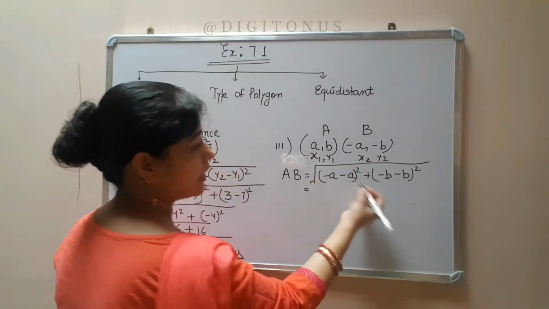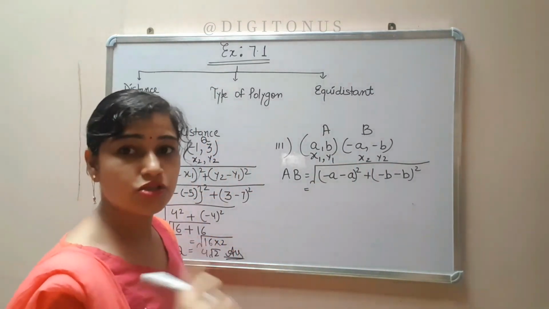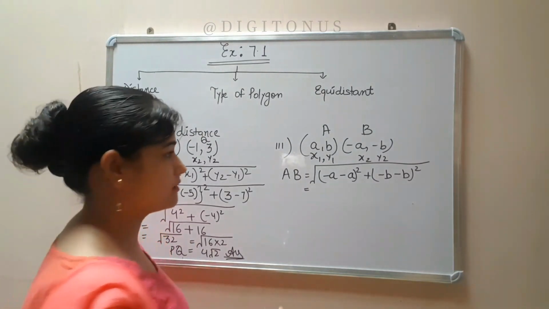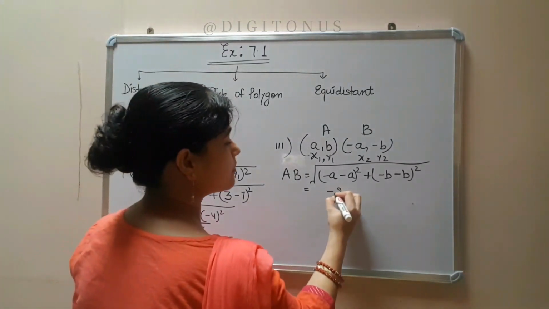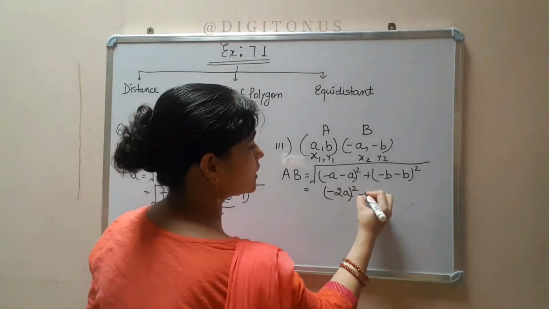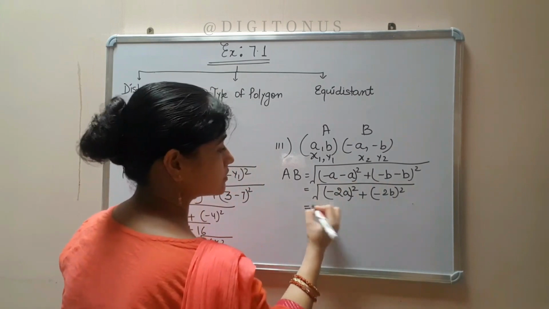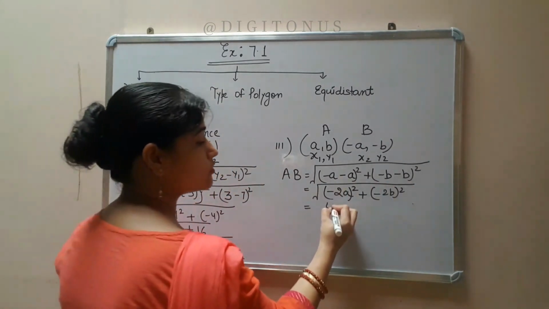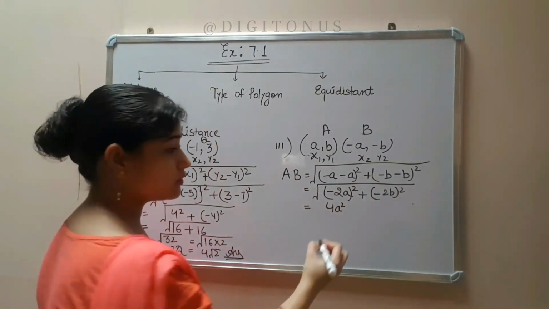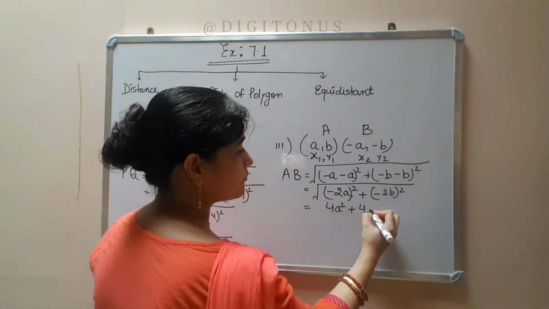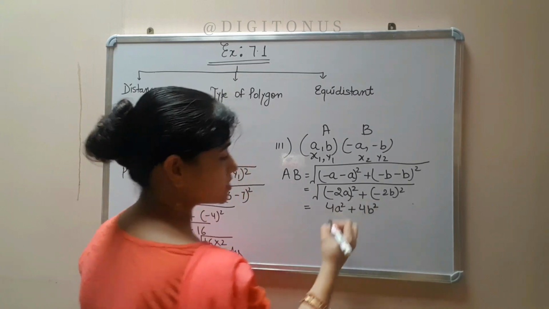Minus a will be minus 2a. We can add or subtract variables if they are the same. So it will be (minus 2a) whole square and (minus 2b) whole square under root. Minus 2 square will be 4, but it will be only a square, okay. Same, minus 2 square will be 4 and this will be b square.